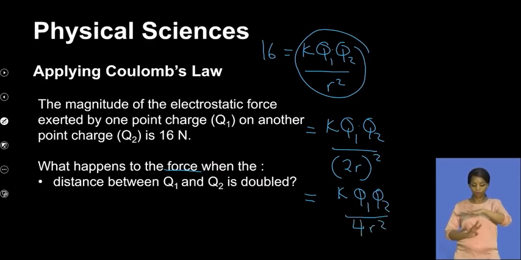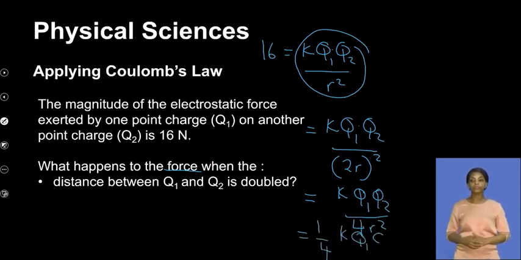So this is like 1 over 4 times K Q1 Q2 over R squared. That's our 16. So the new force will be a quarter of the original one. The force has decreased because we've doubled the distance. That's the inverse proportionality. So the new force will be a quarter of 16, which is 4 newtons.